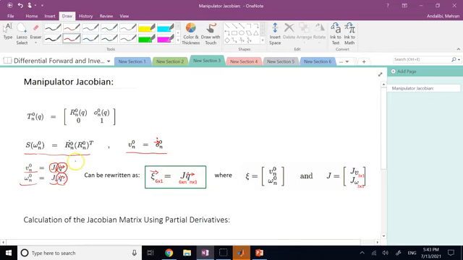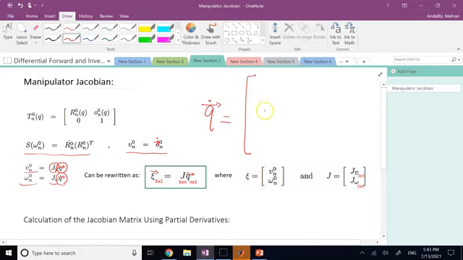What is that? This vector q dot is the vector of all joint variables. Let's say your robot has 6 joints and you call these joint variables q1 to q6, where q could be a theta or a d. So theta 1 is the same as q1, theta 2 is q2, d3 is q3, and so on.